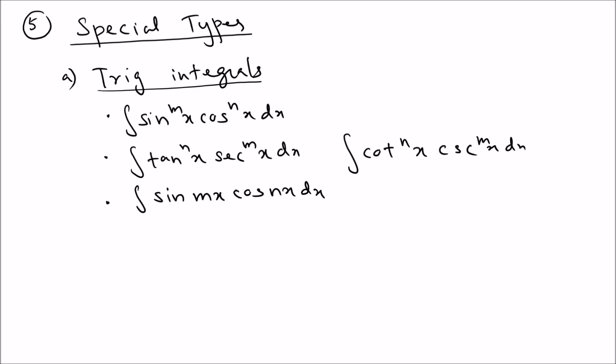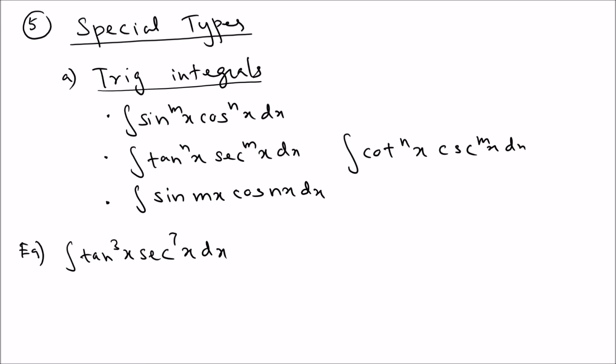Well, let's do only one example from this type, just to recall what we did. So we can do this problem: let's say tan 3x secant 7x dx.